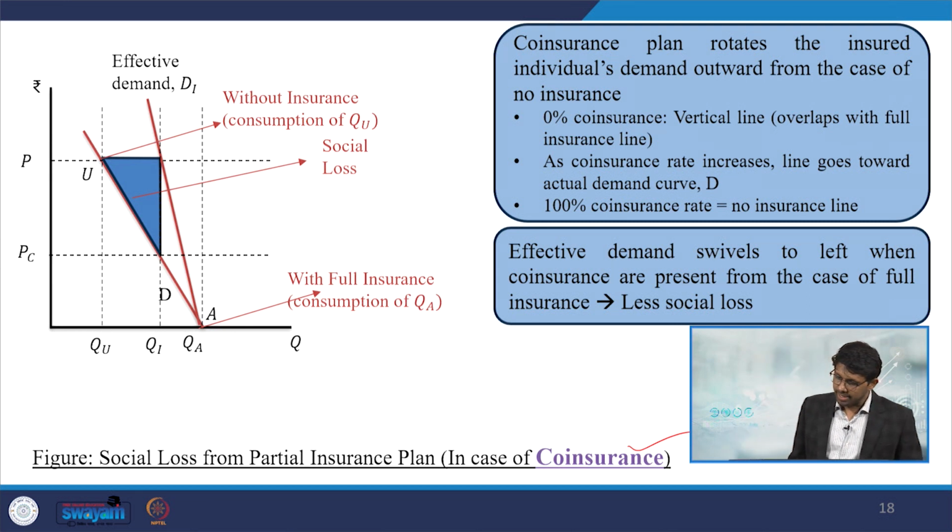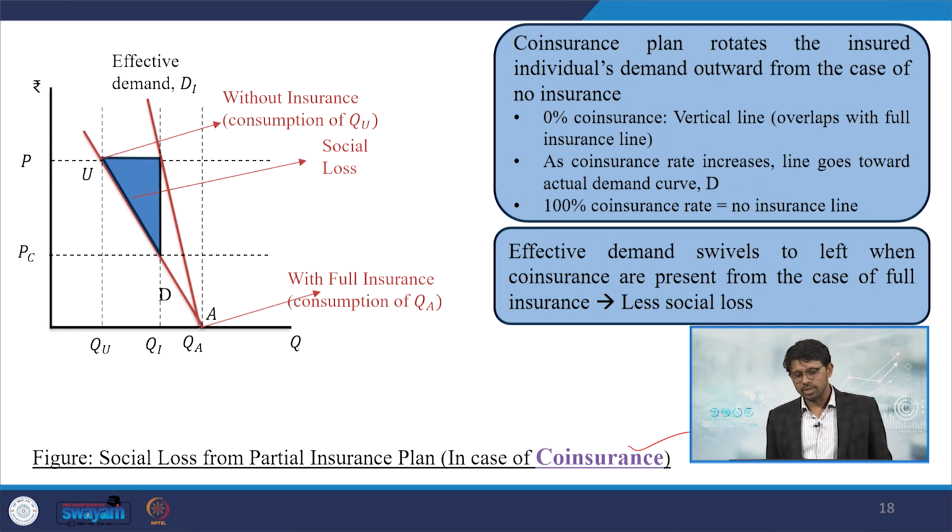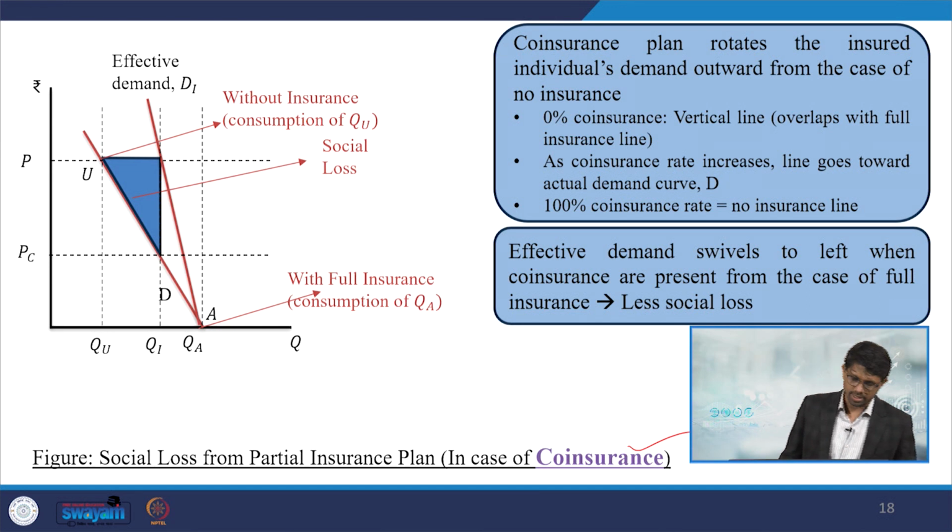As the co-insurance rate increases, the line goes towards the actual demand curve, that is D. It is tilting towards the D line, and a 100% co-insurance rate means the no-insurance line, that means it will be the original demand curve, right. So, effective demand swings to the left when co-insurance is present compared with full insurance, hence less social loss as against the full protection or full insurance case.